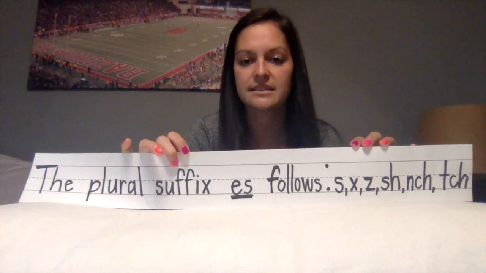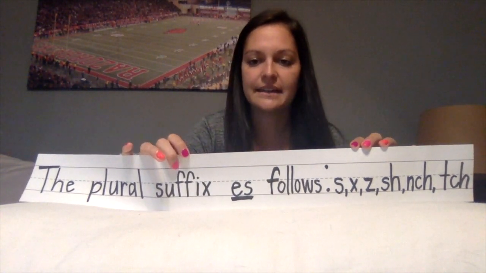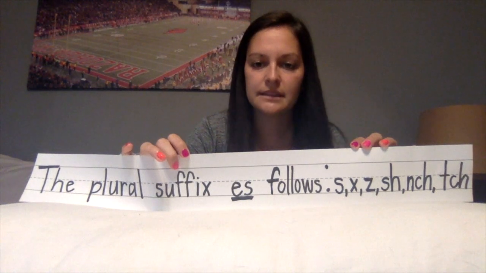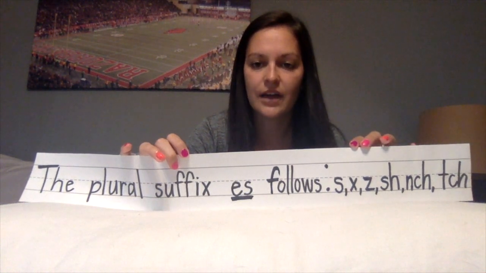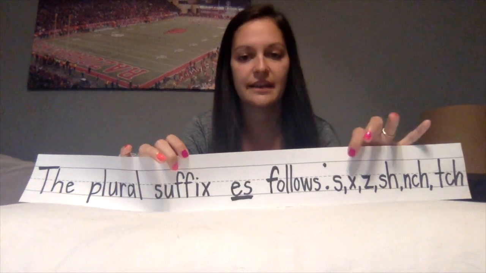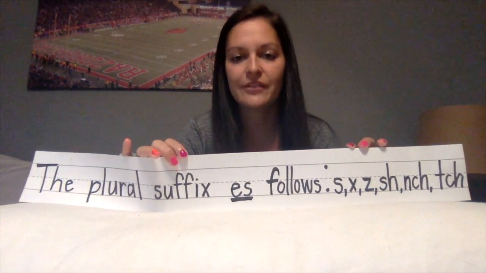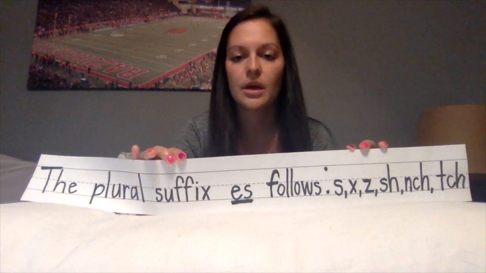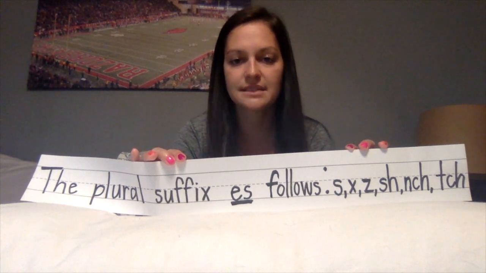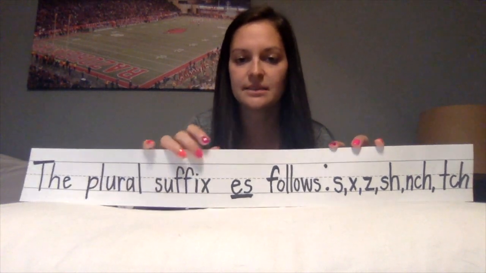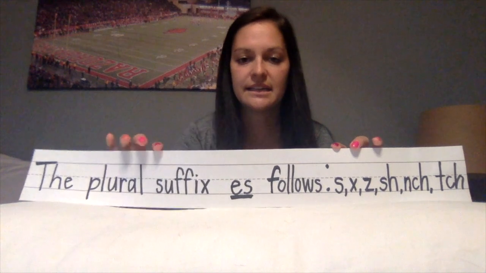Like if I have the word box that ends with the x sound. If I have more than one box, it would be boxes, boxes. It kind of sounds like a z, but in fact it's an es.